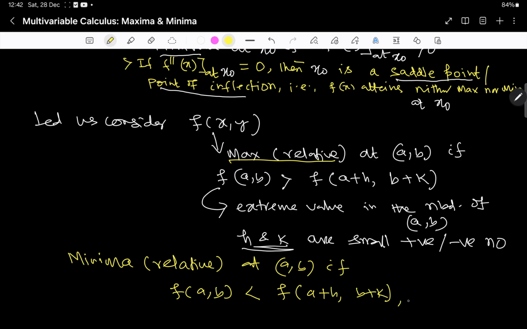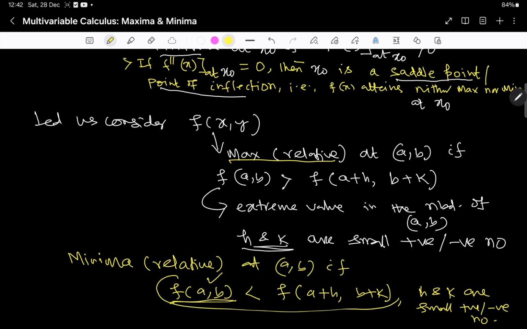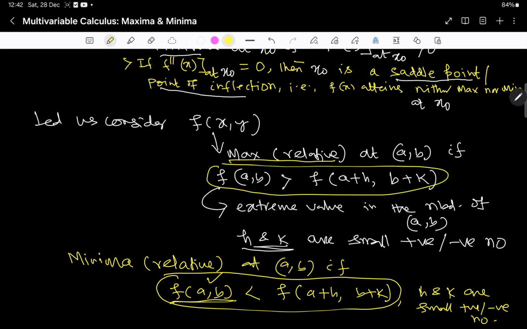Here h and k are small positive or negative numbers. So f attains minimum value at the point (a,b), the smallest value, and here f attains the maximum value at (a,b).